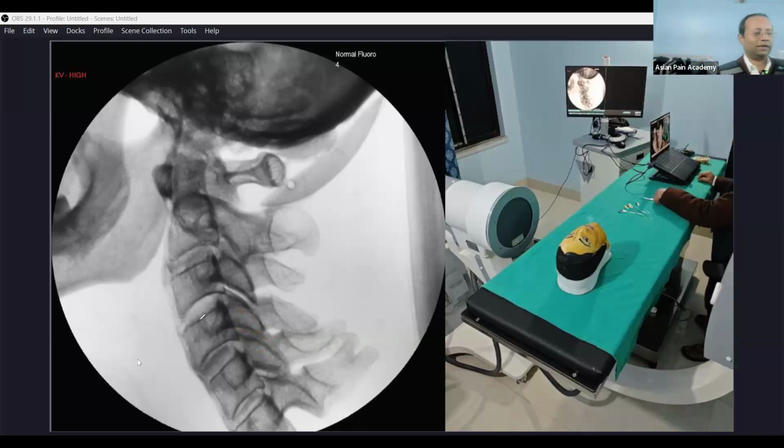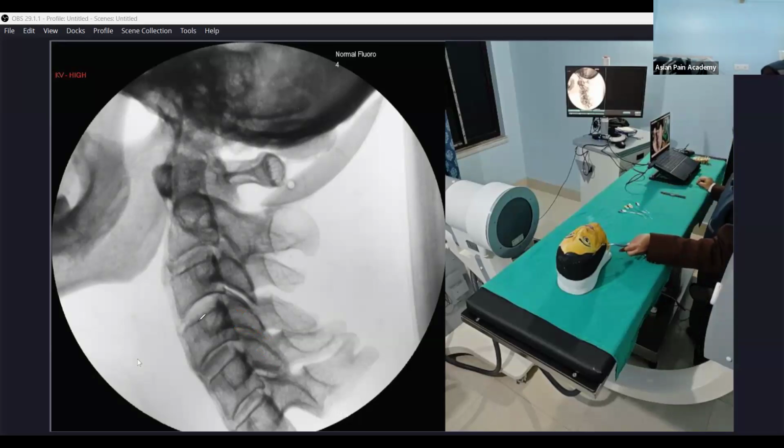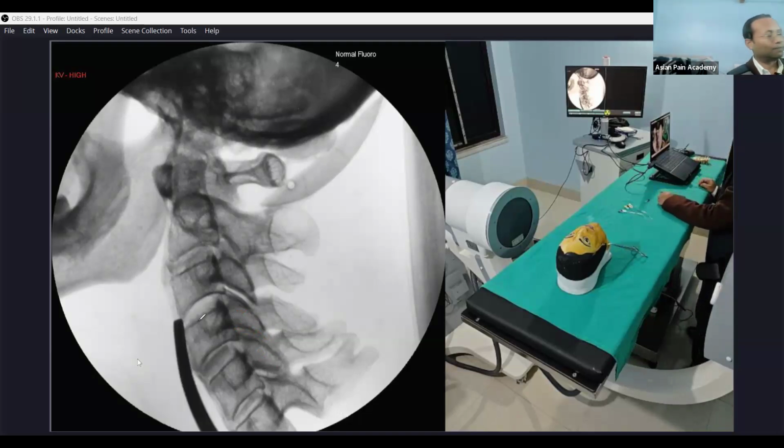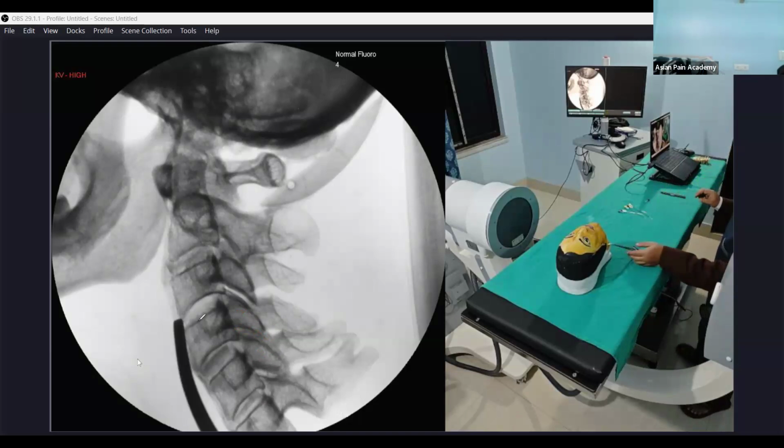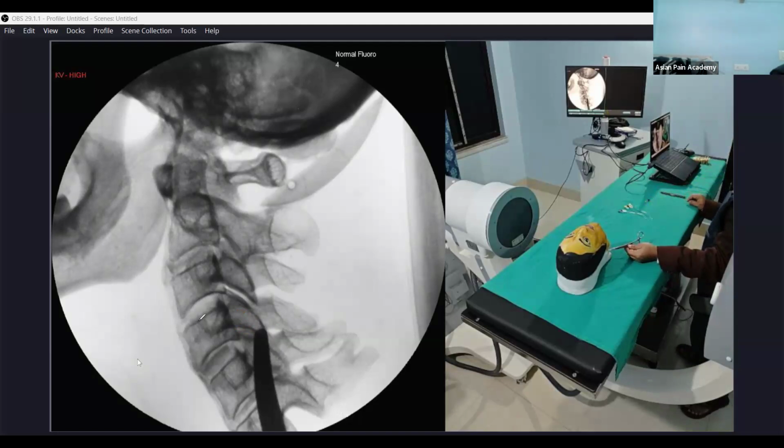Okay, so here let me target the C5. So here I am going a bit posterior. I am going here. Okay.